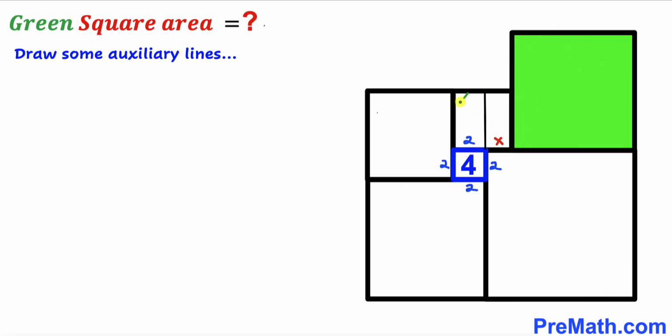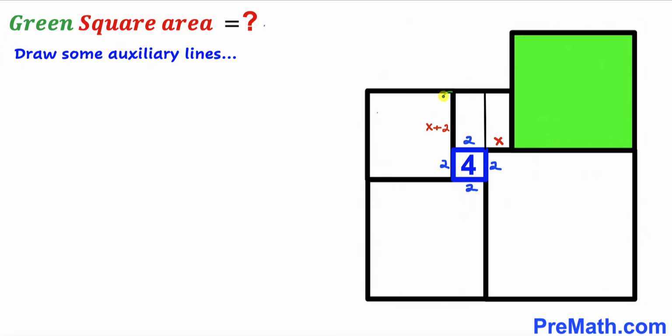Now let's focus on this square. Its side length is simply x plus 2, isn't it? So this side length is x plus 2, and this side length is x plus 2 as well.